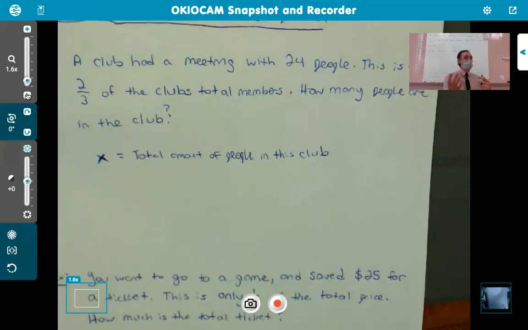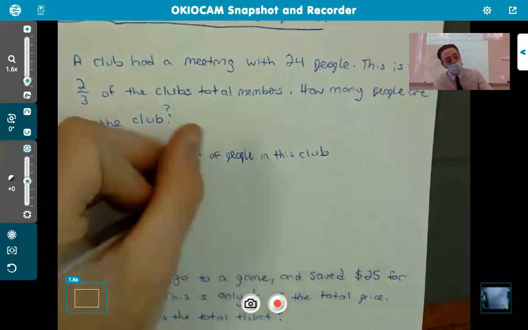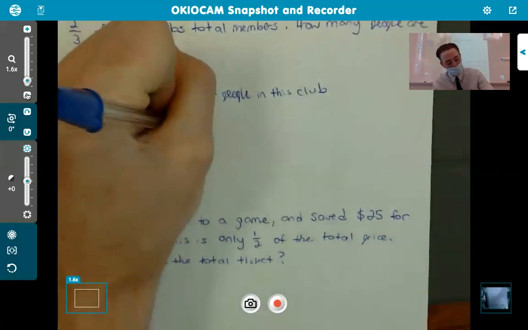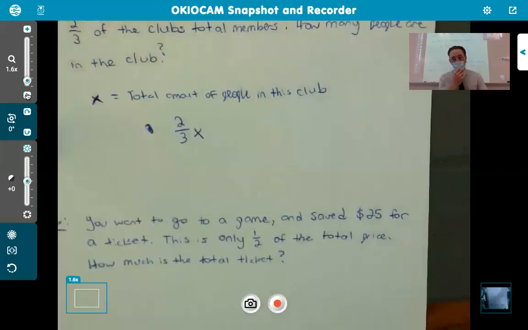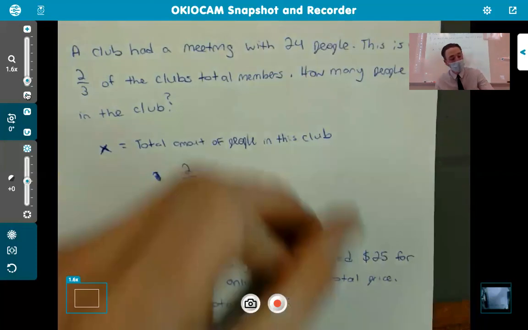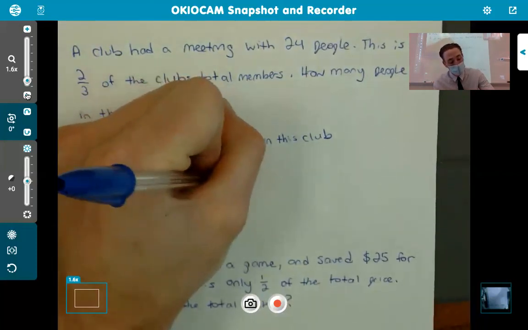We have 24 total people that are there. We're trying to find how many people are supposed to be in the club in general. So I'm going to take the 2/3 and the X and multiply them together. That's always going to be your first step. A lot of times in these word problems, you're going to take whatever fraction they give you and multiply it by your unknown. Then you set that equal to the value that you do know.